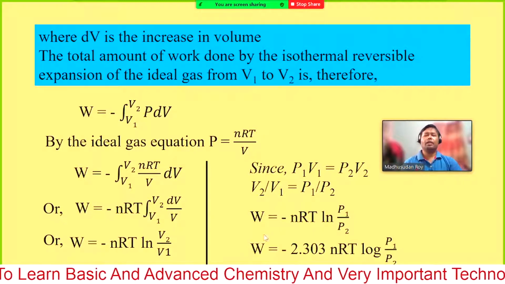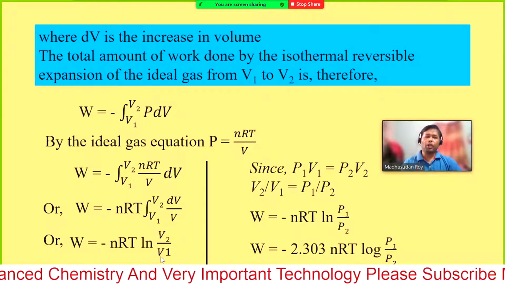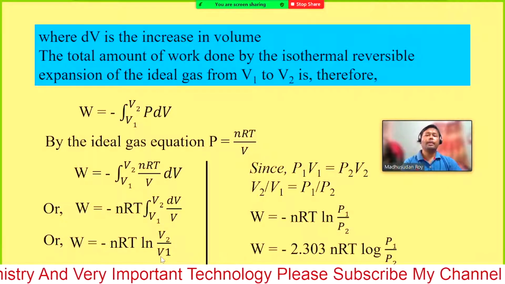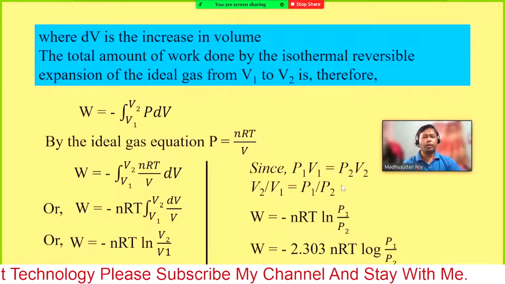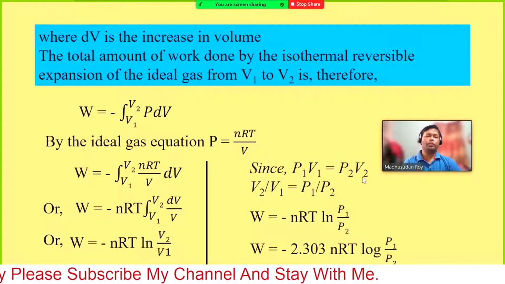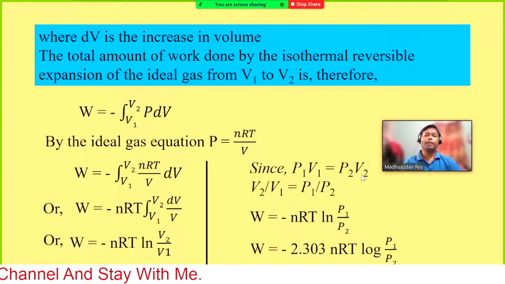Now we can express it in another form. We have used here the volume, but we can express it in terms of pressure also. From Boyle's law, we know P1 V1 equals P2 V2.